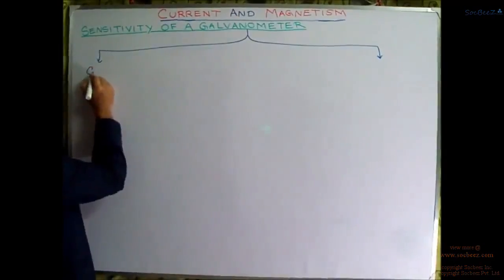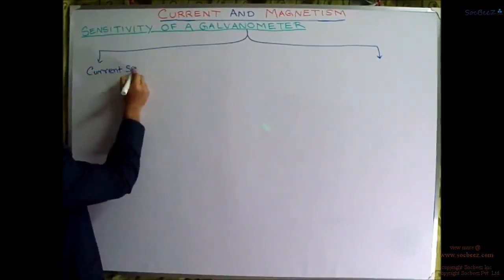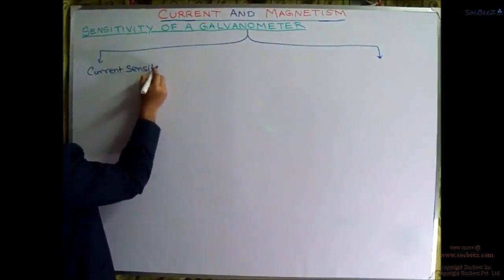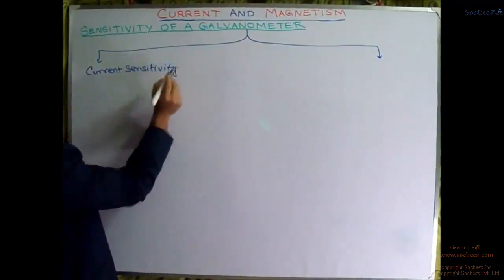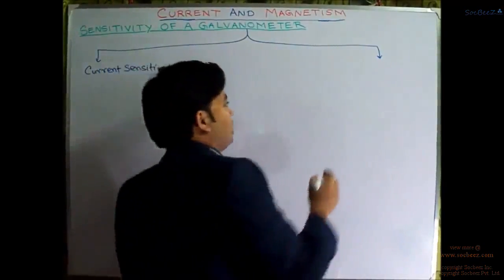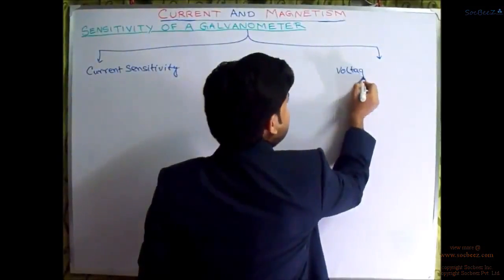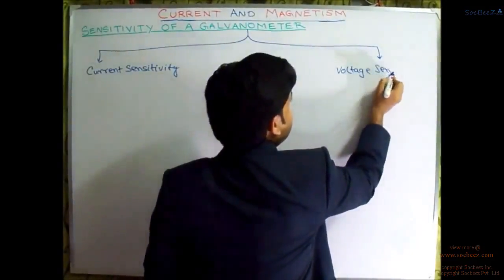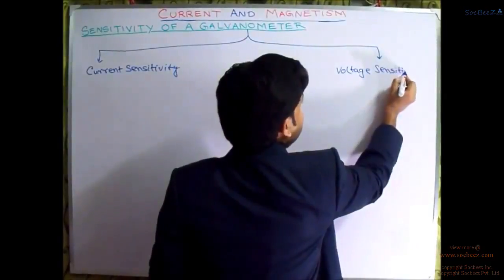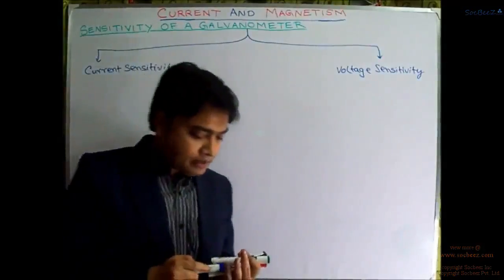So this will be the current sensitivity of this particular galvanometer, and the second one is the voltage sensitivity of the galvanometer, right?